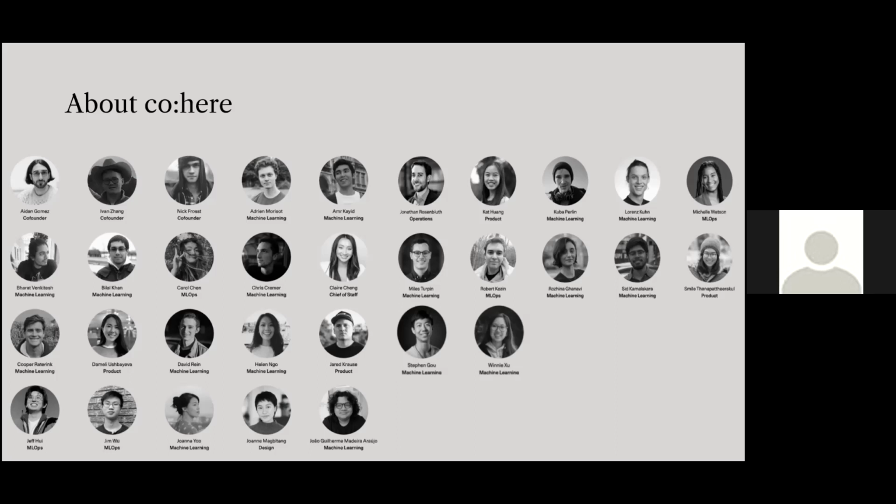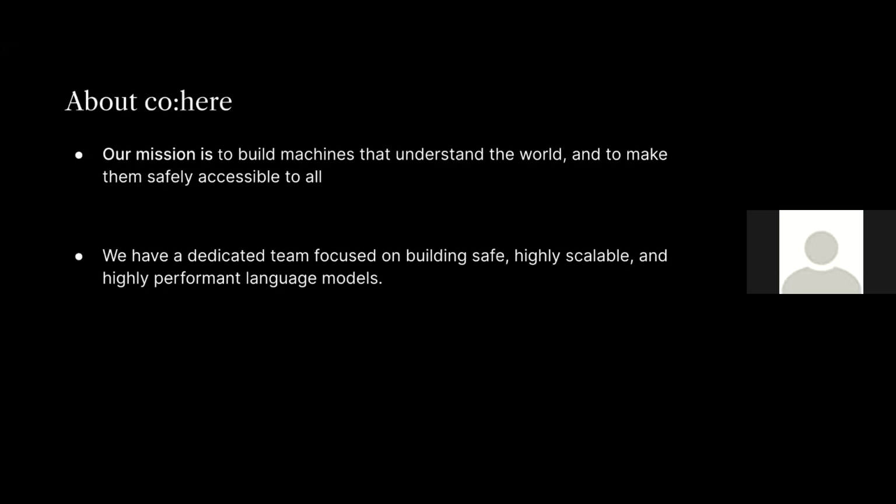Aiden and Nick are from Google Brain, and Ivan was working on large-scale language model serving around 2 years ago. Our mission is to build machines that understand the world and to make them safely accessible to all. Specifically, we are focusing on building safe, highly scalable, and highly performant language models that can easily be accessed by our API endpoints.